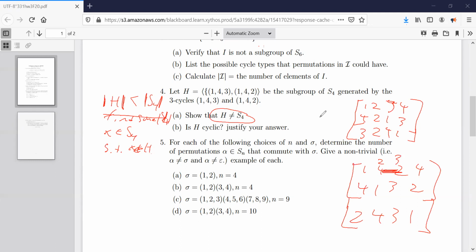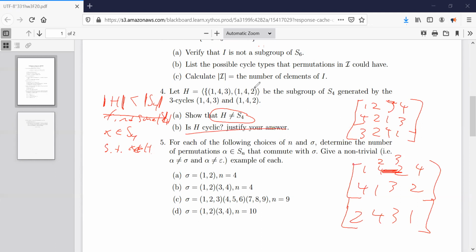So that tells us that anything that we're going to generate off of a mixture of these guys is going to reach the identity in an even number of steps, which tells us that we don't have anything that reaches it if we raise it to an odd power, which is basically what Justin was getting at, I think. Is H cyclic?